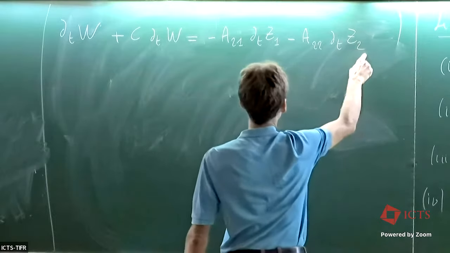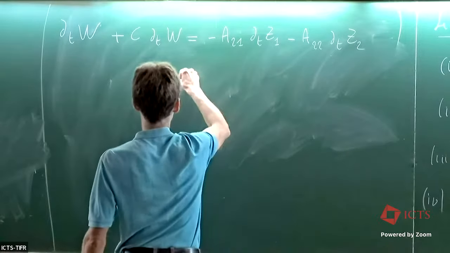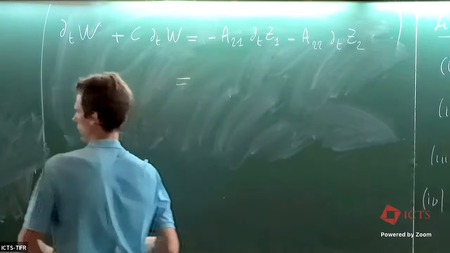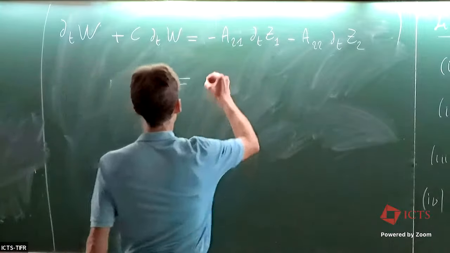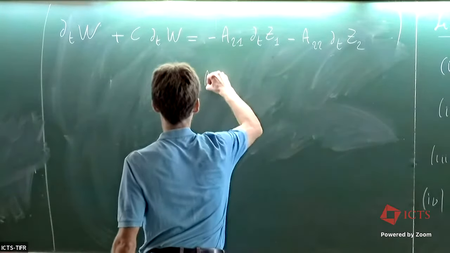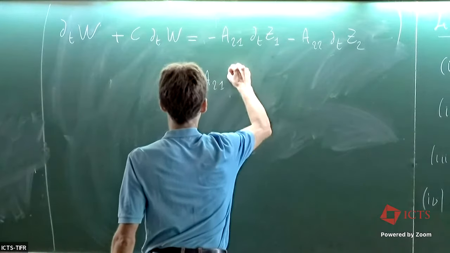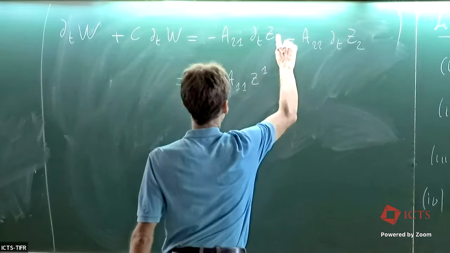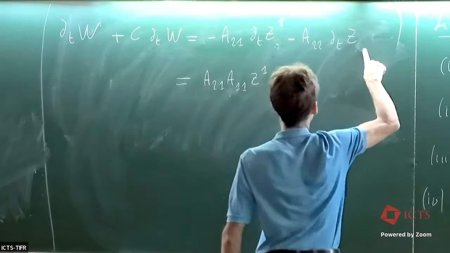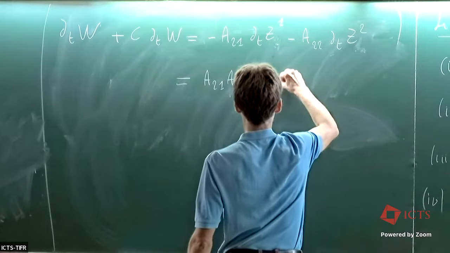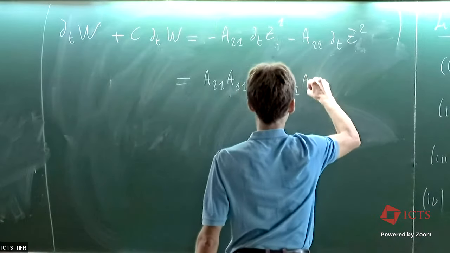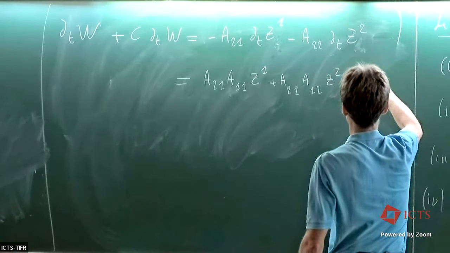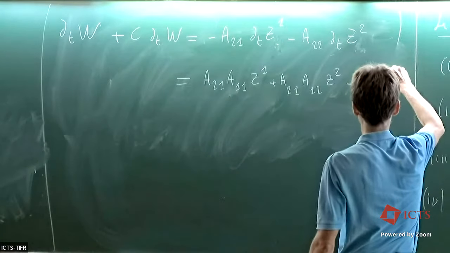So this one is again W. And what is this one? This one has two parts, which are given by the first equation, which are A21 A11 Z1 plus A21 A12 Z2. And the last term is just W.